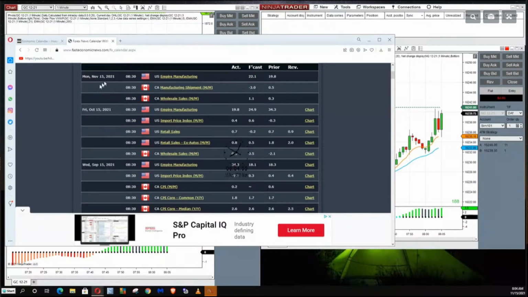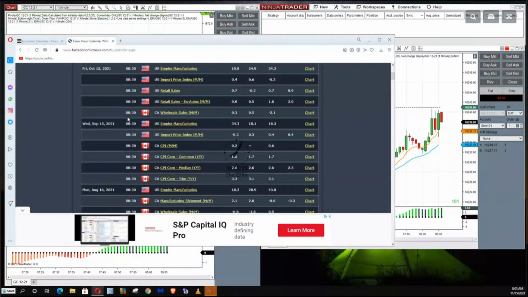So you could see today it's trading by itself. October, it traded with US retail sales. So Empire State is not the report that's moving the market, it's retail sales. In September, it was pretty much by itself, similar to today. You had an import price index, but that's very minor.